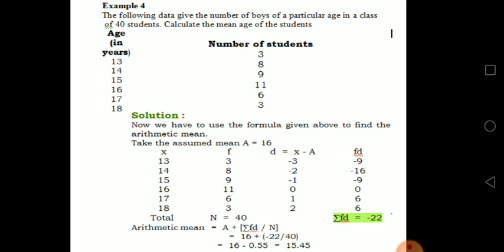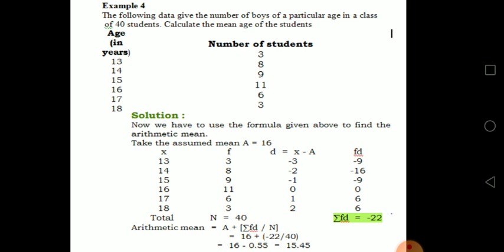When we get the deviations, we have the following figures. Since the assumed mean is 16, x minus a, that is 3 minus 16, gives minus 13, and so on for all the observations. So we get our deviations.